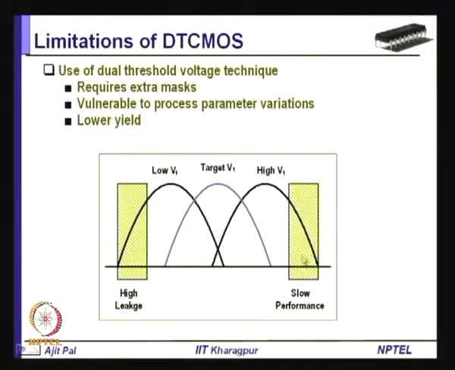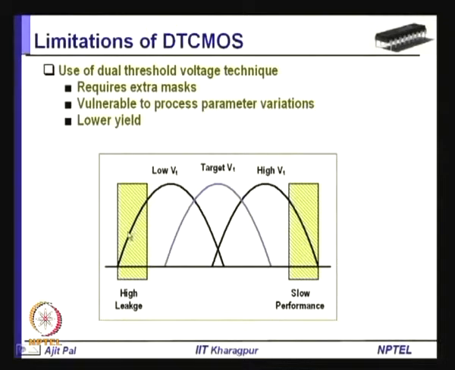On the other hand, on this side those dies will have very slow performance, because some of the non-critical path delays will exceed the timing budget. So, as a consequence you have to discard them.